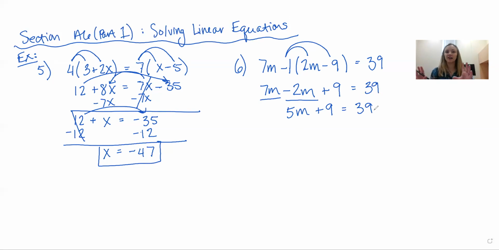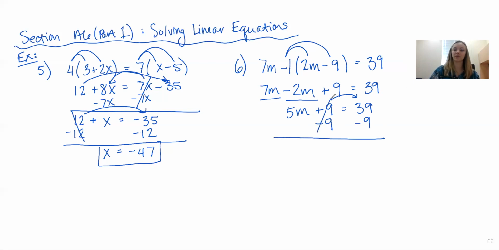Now on each side, our like terms are combined, so we can start moving things around in the equation. We only have one variable term on the left-hand side. So now we can get all of our constants on the right. So I'm going to take this 9, move it to the right by subtracting it, the opposite of addition.